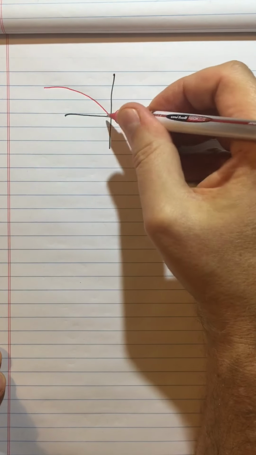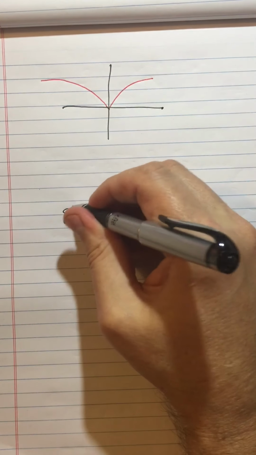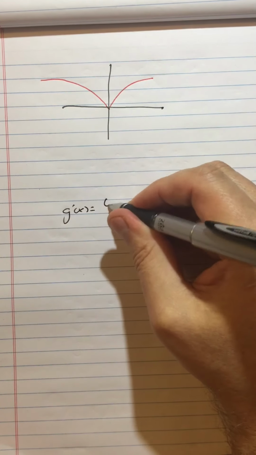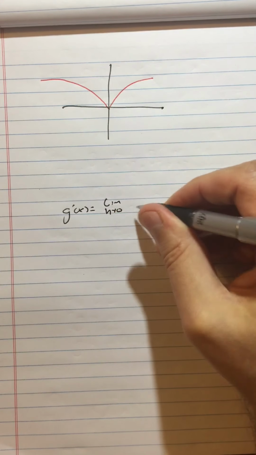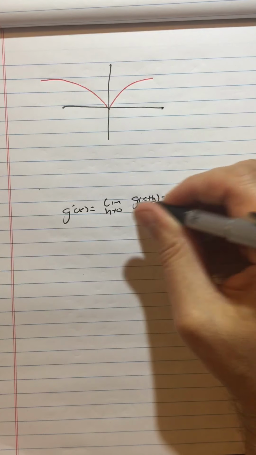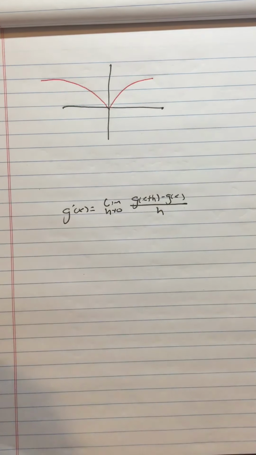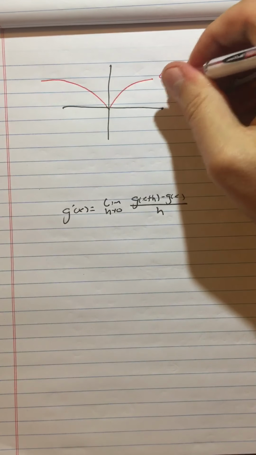So if we look at a cusp carefully, so here's our cusp. Think about the fact that g prime is equal to the limit as h approaches 0 of g of x plus h minus g of x over h. Of course, I could say f, but I was talking about the function g, so let's just keep with that.